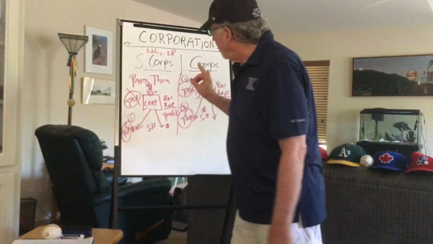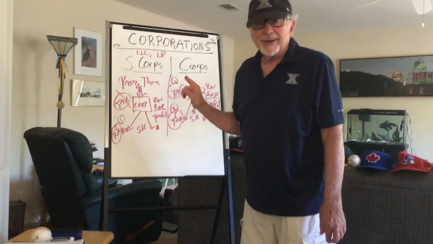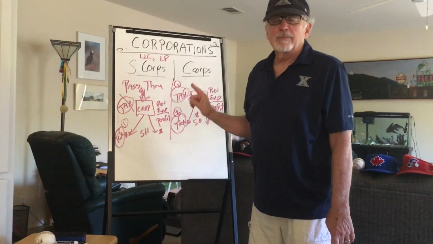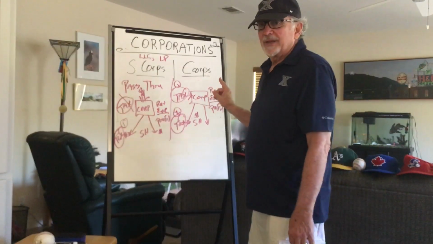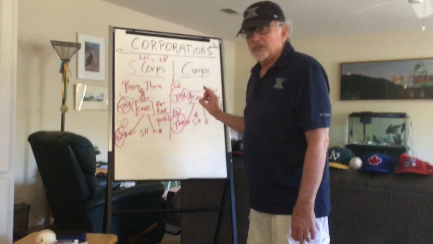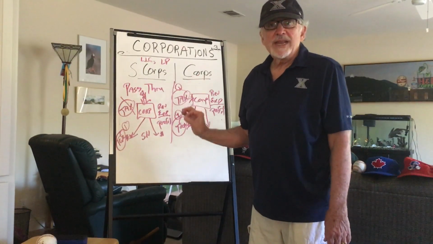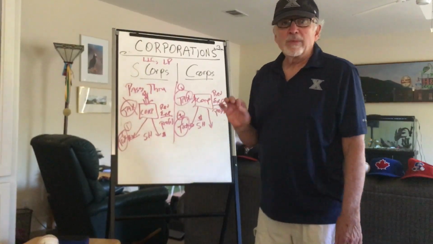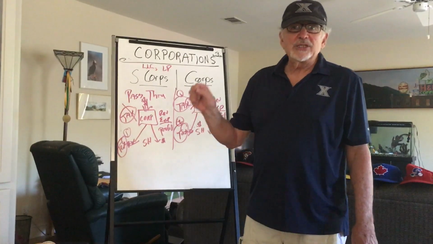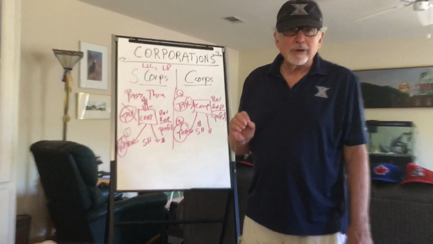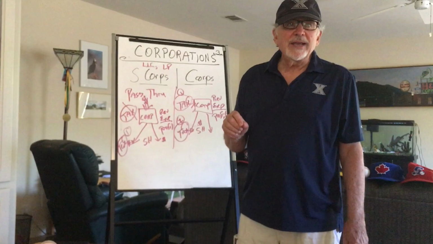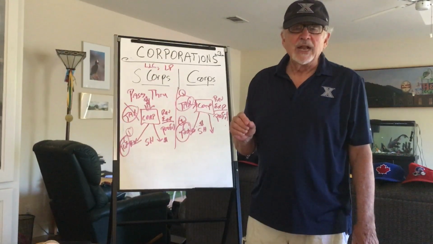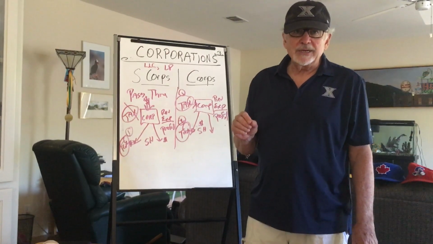So when you set up your corporation, you need to talk to your tax advisor, or perhaps your lawyer, if your lawyer is familiar with tax law. Talk to them about whether or not you need to be an S corporation or a C corporation. Now, the normal arc of corporations is you'll start out as an S corporation, and then when you get a little bigger or want to grow and get more shareholders and investors, you might become a C corporation.